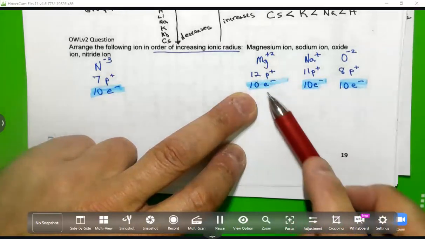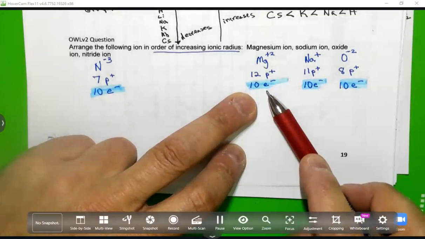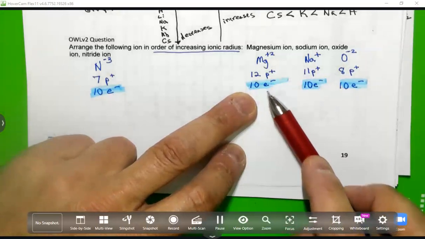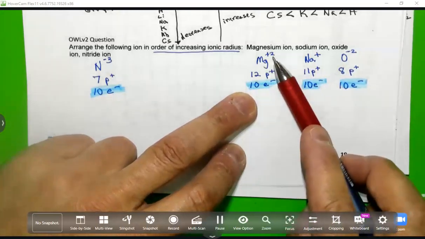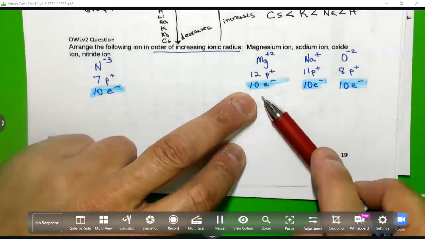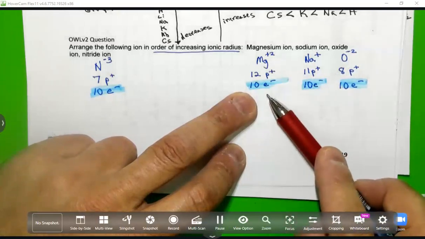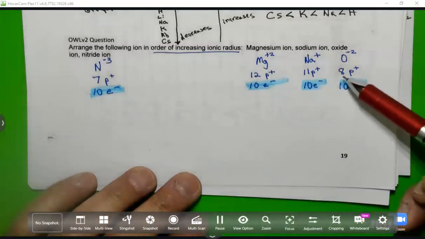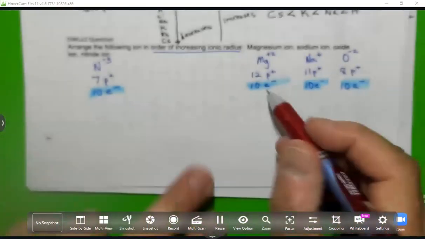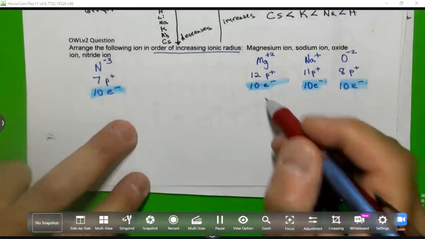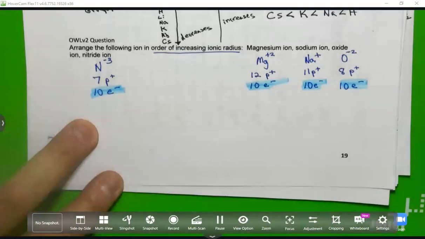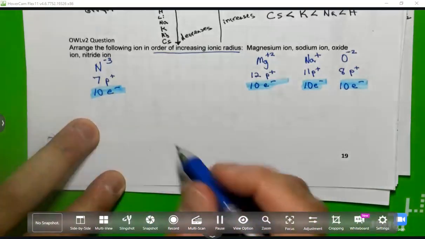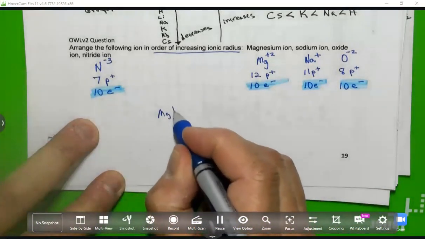You've got 12 positive protons pulling on 10 electrons. It's going to pull it in tighter. Not only that, when this formed an ion, we got rid of the outer level. But if you just think about which positives are going to pull in the most, you're going to end up with magnesium being the smallest.